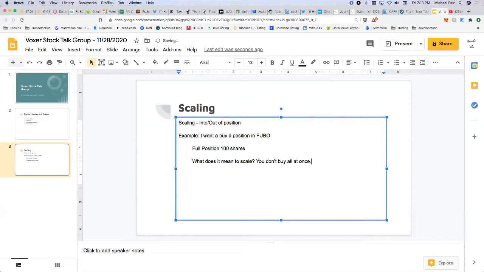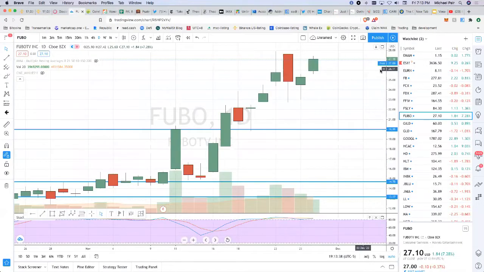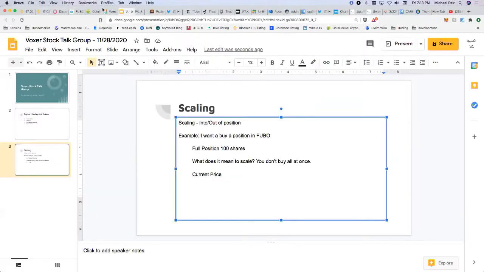All right. So again, FUBO is trading at its current price. Let's see what that is. It's trading at 27.10. So if I'm going to scale into it, there's no particular rule around it.